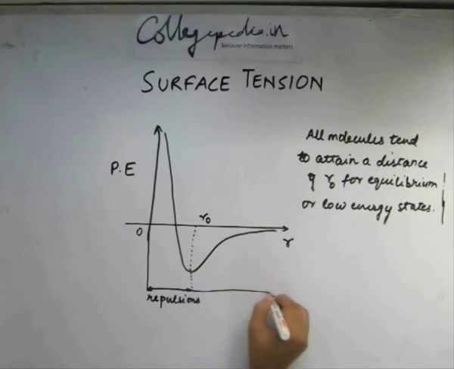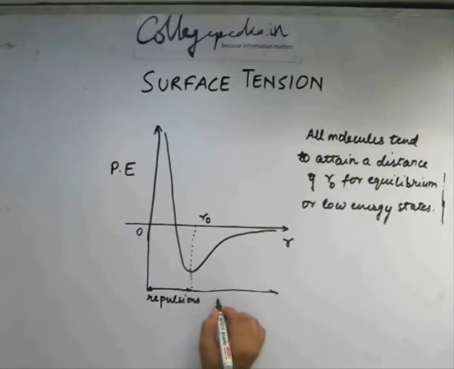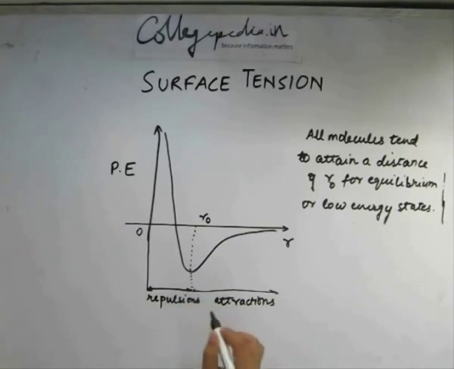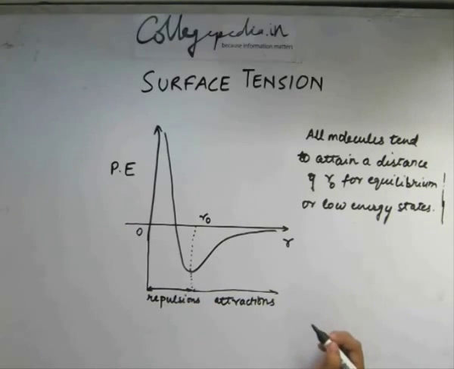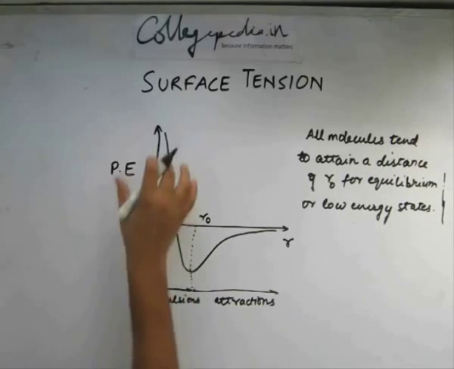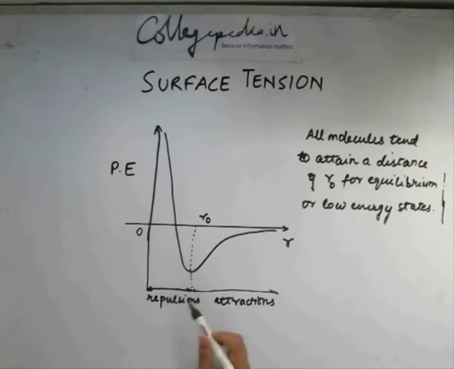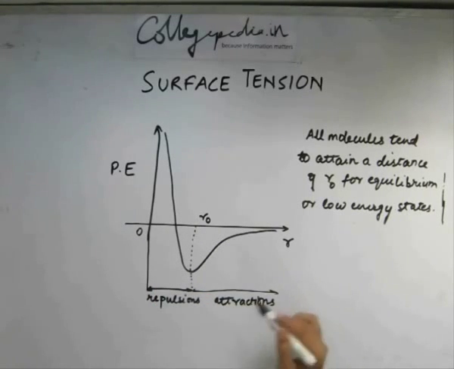This part of the graph, which remains, gives us an idea of the attractions between two atoms. This concept of attractions and repulsions between atoms can be extended up to molecules also. Because there are net forces between these two molecules or atoms, these repulsions or attractions come into the picture.